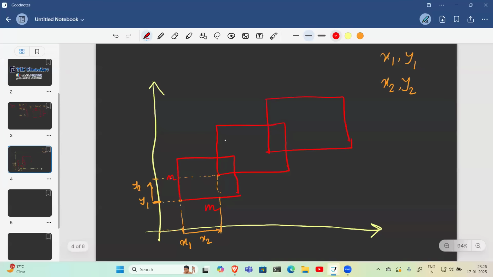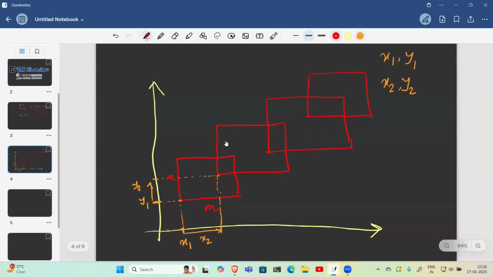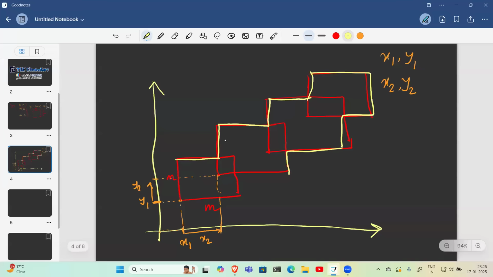You finally need to find the perimeter, or the boundary length, of this entire area which has been covered with ink. It starts from here, goes here, then here, and then it comes back like this. So this is the perimeter of the region, the boundary, and this is what you need to find.